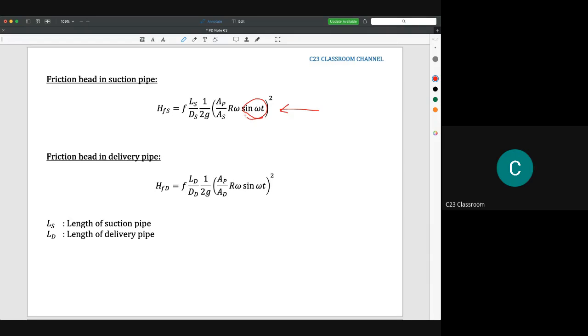So sine omega t means you need to find the value of sine at many points: at the beginning, at the middle, at the end, and the angle keeps changing from 0 to pi over 2 to pi and so on. So sine omega t will give you a fluctuating value.